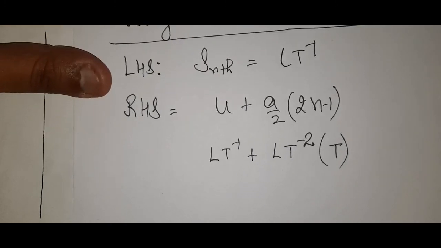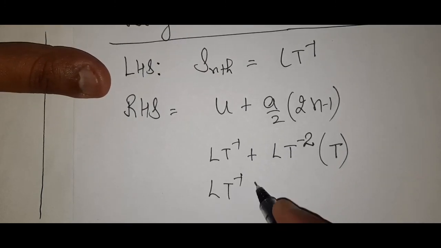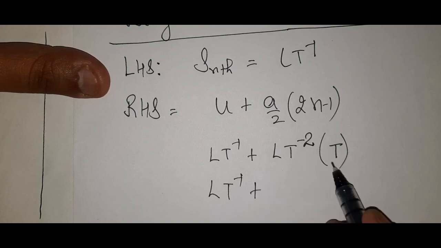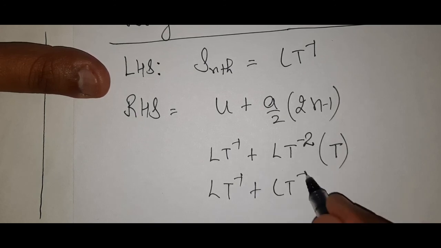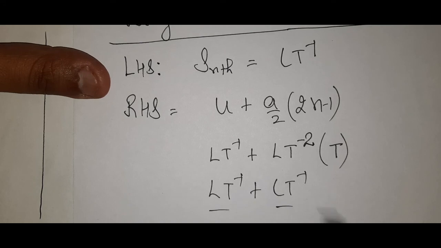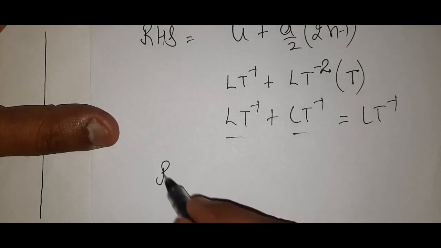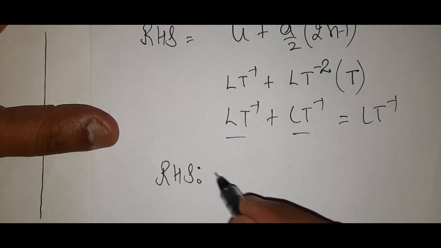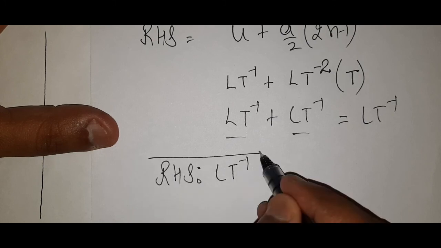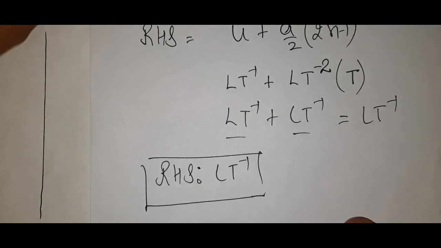So the right hand side we are getting is LT minus 1 plus LT minus 1. So LT minus 1 plus LT minus 1 is LT minus 1. So the right hand side is LT minus 1.